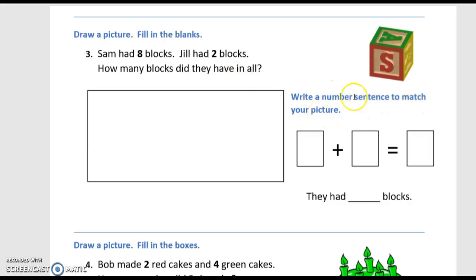So this number sentence that you write right here has to match the picture you draw right here. Sam had 8 blocks. Jill had 2 blocks. How many blocks did they have in all? Draw and label your picture. Write a number sentence to match, and then whatever you put in this box as your total, put it on this blank as well.